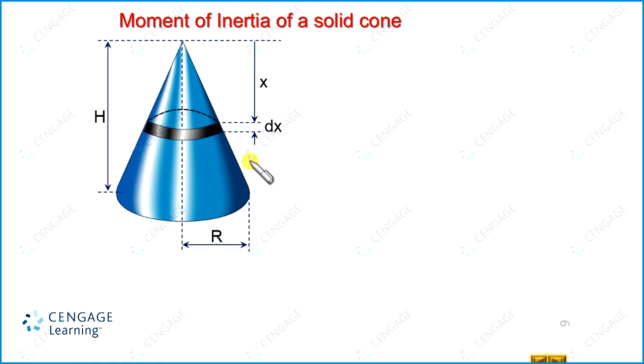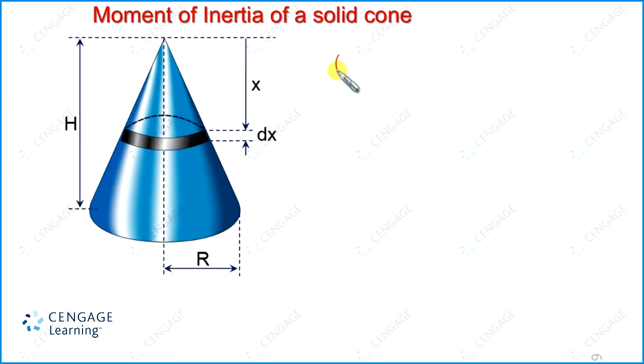This is dx, right? And because it is a solid cone, we can consider the mass to be uniformly distributed over the volume, and we can calculate the density of the distribution of the mass. Rho, that is the density, equals mass divided by the volume of this cone, and the volume of the cone equals 1 by 3 pi R squared multiplied by h. This is the mass density.